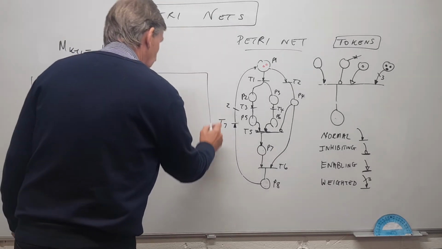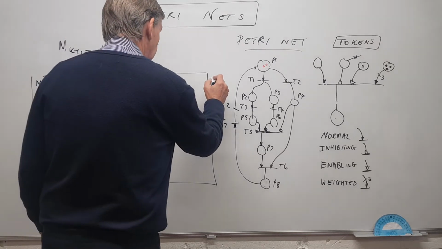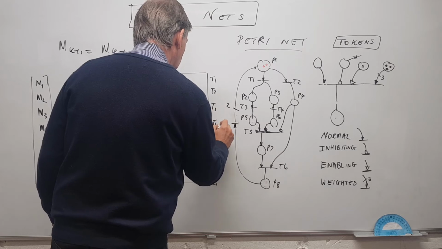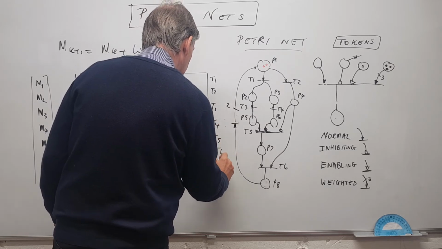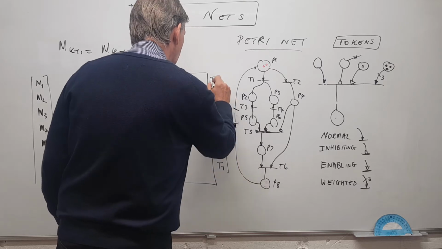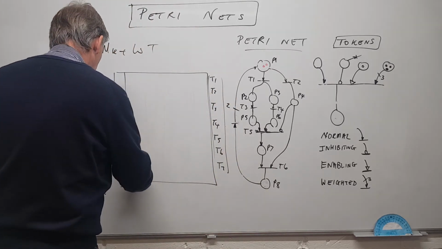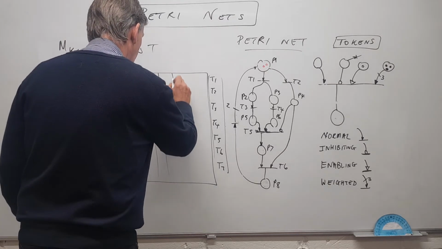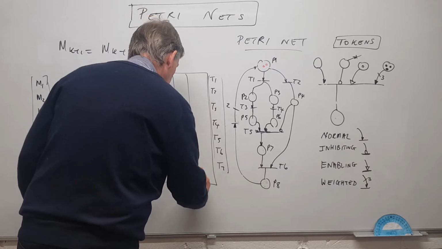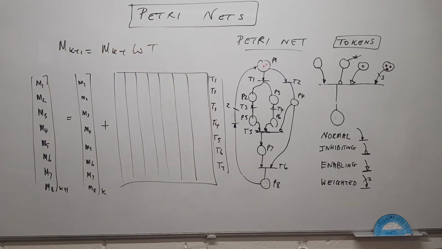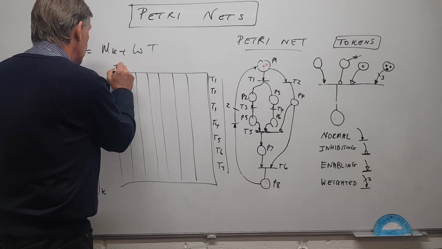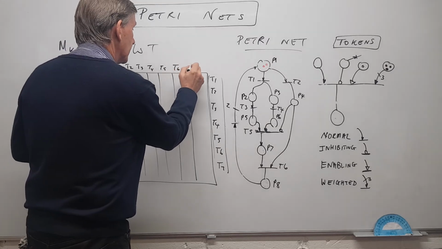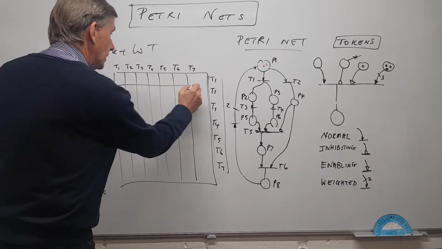So I'm going to have a matrix here, and this is going to be T1, T2, T3, T4, T5, T6, and T7. So I'm going to have 7 things down here, 1, 2, 3, 4, 5, 6, 7. That's 7 different things, and I'm going to write on here T1, T2, T3, T4, T5, T6, and T7. I'm going to put some rows in as well.